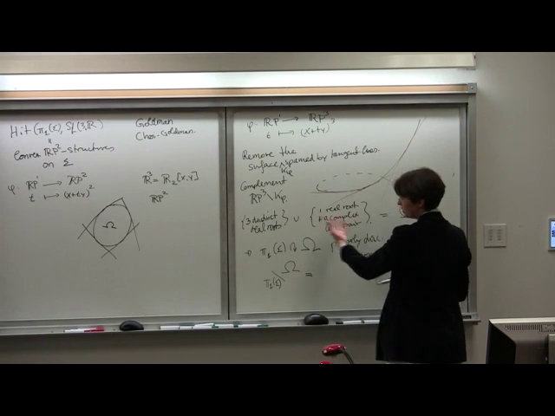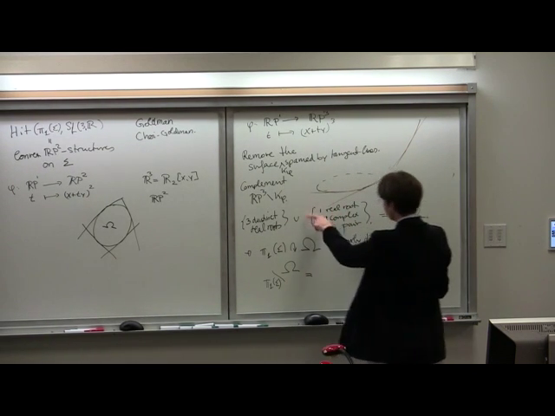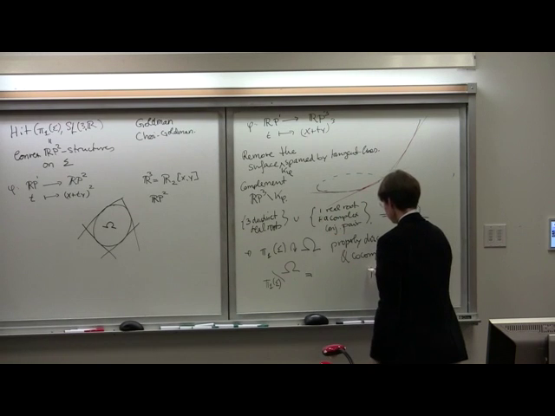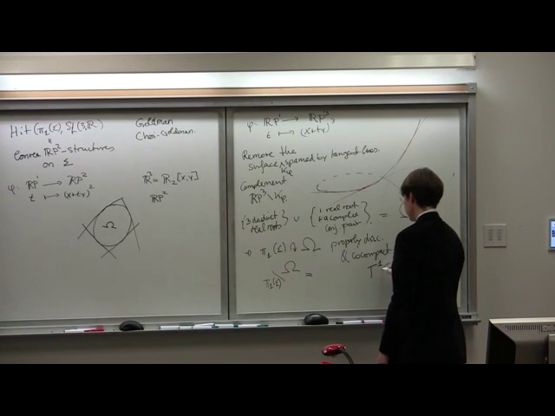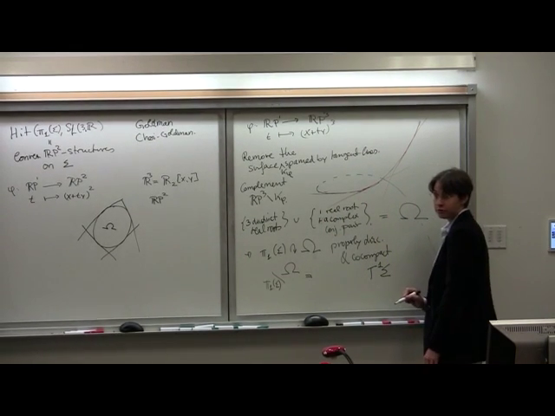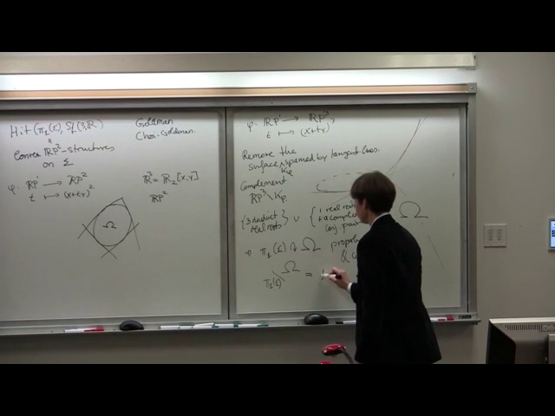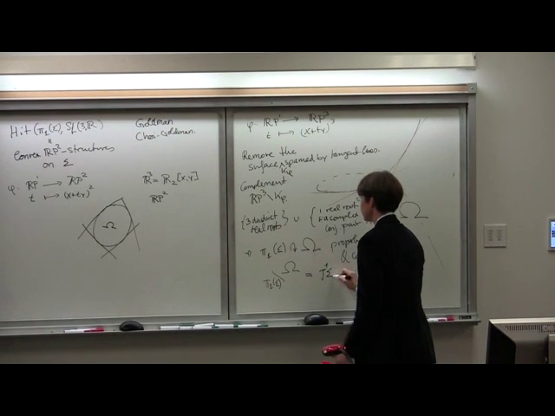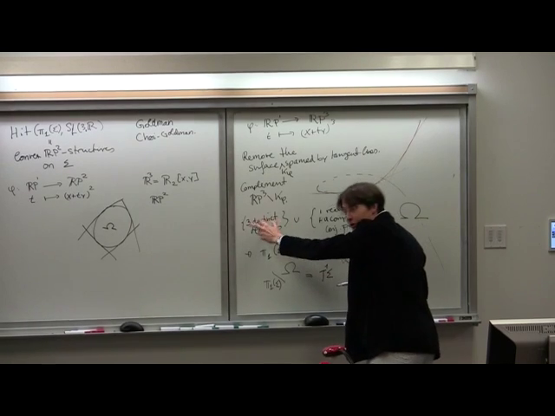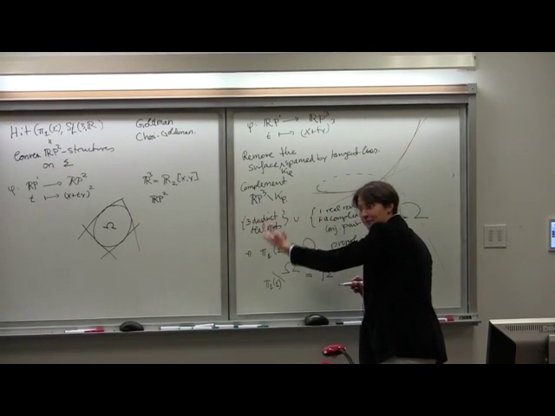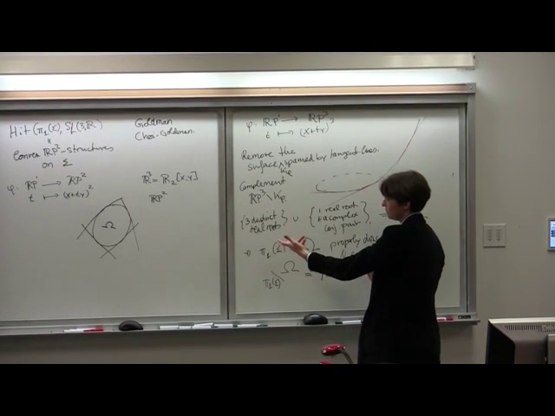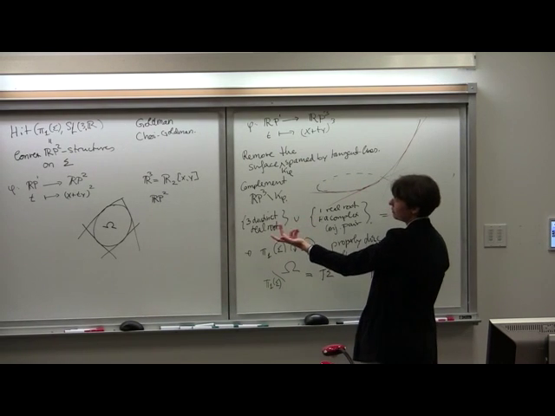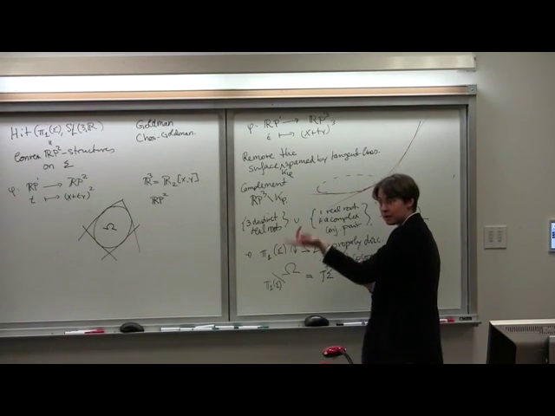So the quotient has two components. One is this one here. You can identify it with the unit tangent bundle of the surface. And this you can almost identify with the unit tangent bundle of the surface. If you had ordered triples, then you could identify it with the unit tangent bundle of the surface. So here you mod out by the cyclic permutation.